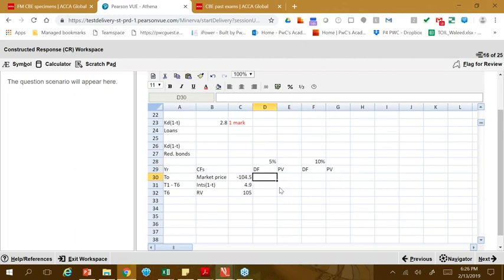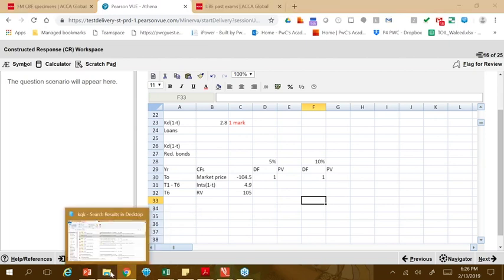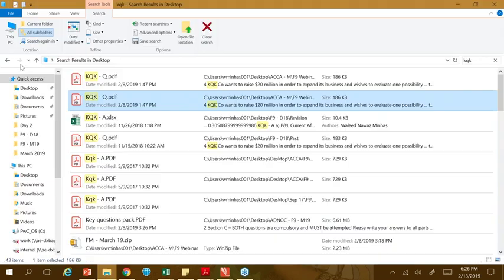So can I just ask you all while I'm doing it to also put in your discount factors and find the present values, so that we can discount and find the present values. So I'll need the tables. Let me work out the tables.